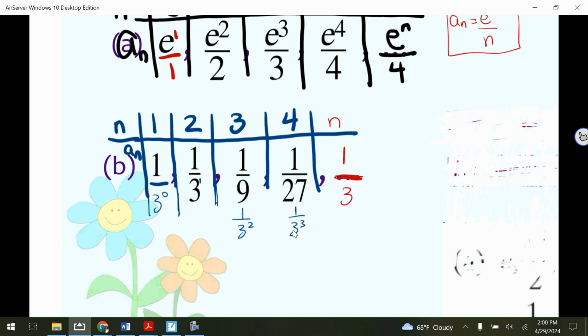And then we might hopefully notice that whatever n is, this is 1 less than that. So it's 1 over 3 to the n minus 1. That is going to be our power that we need to generate this pattern. So a sub n equals 1 over 3 to the n minus 1 would be one version of an equation that would generate this pattern.